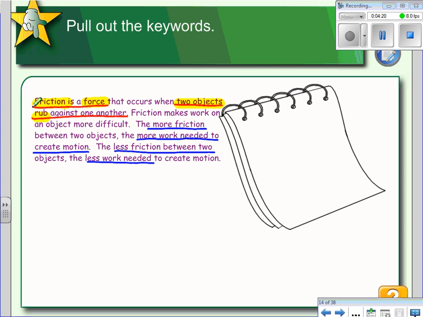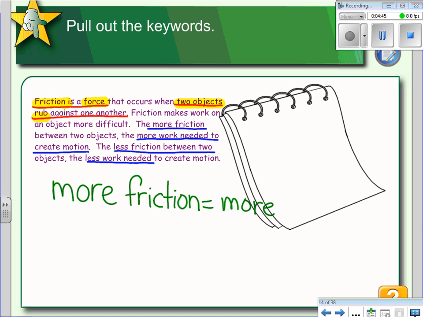Think about when we went outside and we rolled the bocce ball in the grass. There was more friction in the grass than there was when we rolled it on the sidewalk. More force. This is something that's very important for you to remember. More friction equals more force.